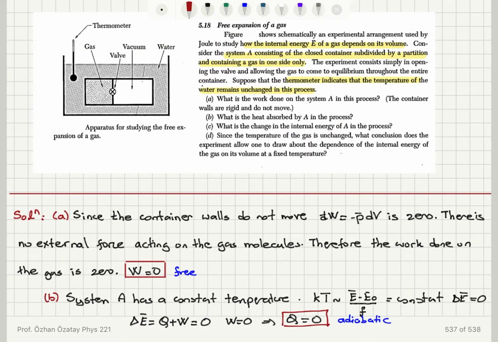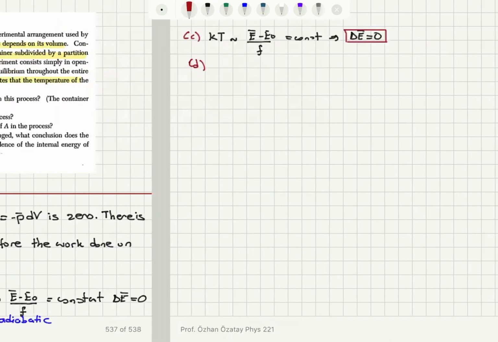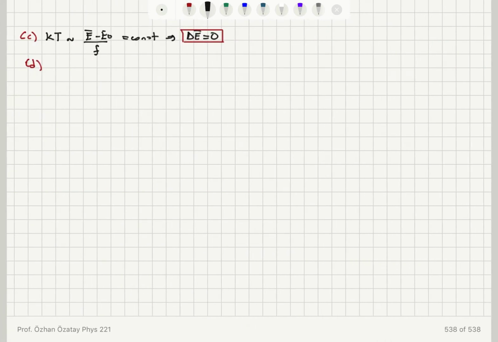Now in part D of the problem, since the temperature of the gas is unchanged, what conclusion does the experiment allow one to draw about the dependence of the internal energy of the gas on its volume at a fixed temperature? Now we are observing that the derivative of the mean energy with respect to volume at constant temperature is zero. So that's the conclusion of this experiment.